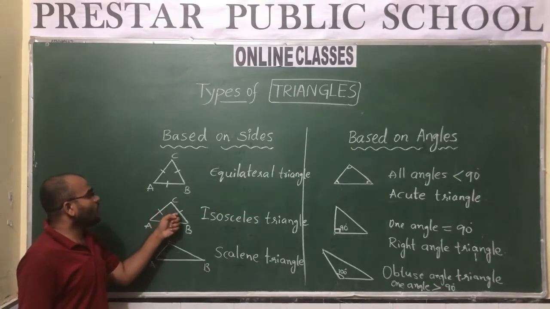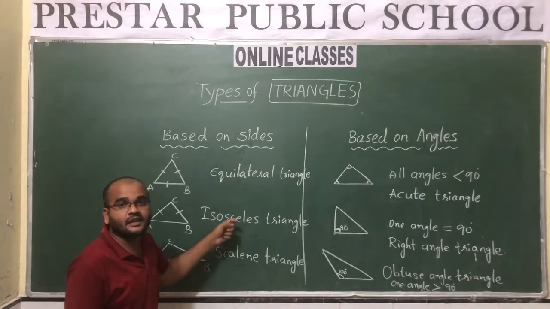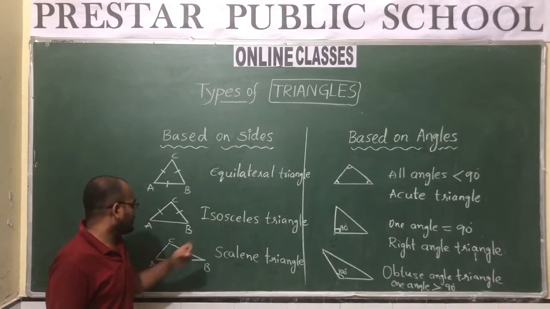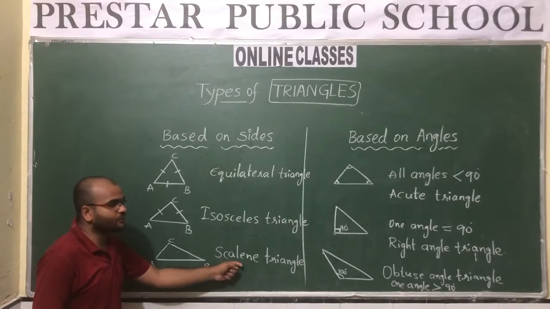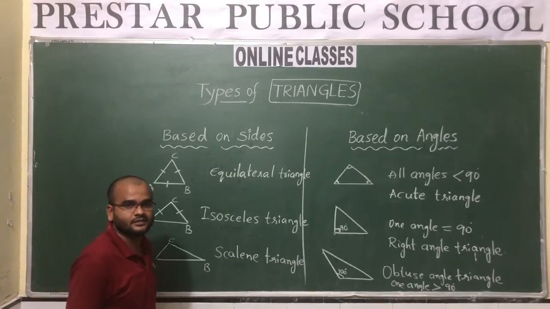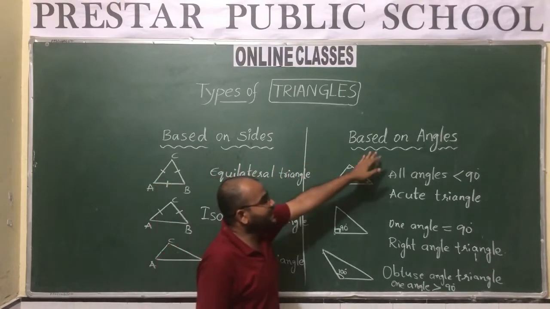Next, if only two sides are equal in a triangle, then the triangle is called an isosceles triangle. Next, if three sides are not equal, then the type of triangle is called a scalene triangle. All these are based on sides. Next, based on angles.